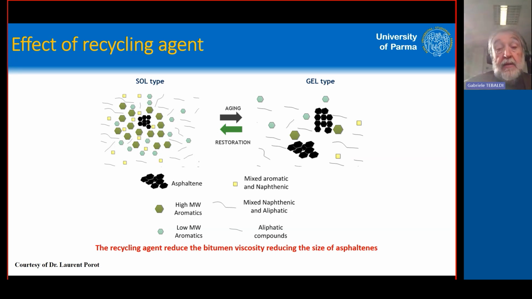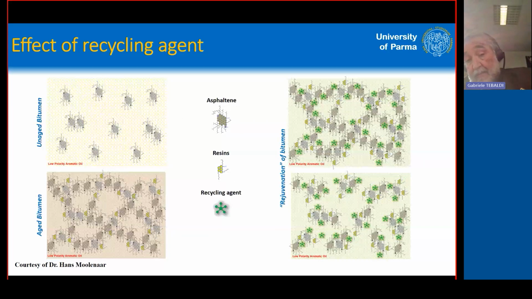There are also bio-oil-based recycling agents that not only work on breaking the asphaltene chains, but also provide some oil that restores or brings back the level of the oil or the volatiles.